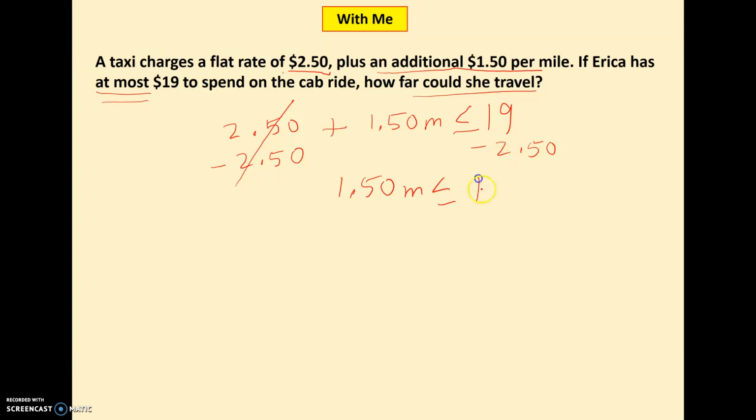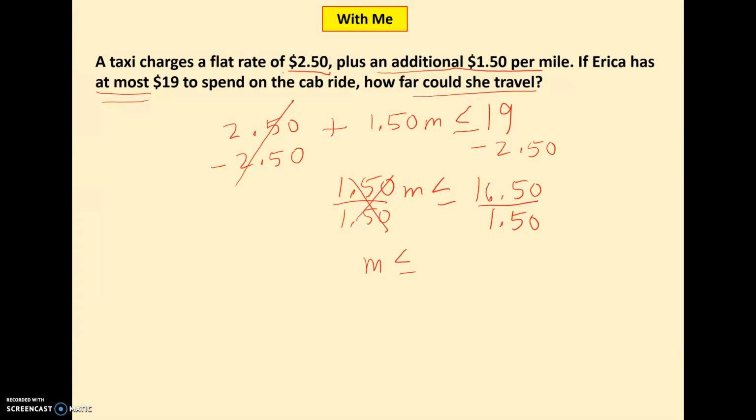Okay, so we'll have $16.50. When we divide, I want you guys to think if we need to flip the inequality around now. The answer is no, we do not flip the inequality because you're not multiplying or dividing by a negative.